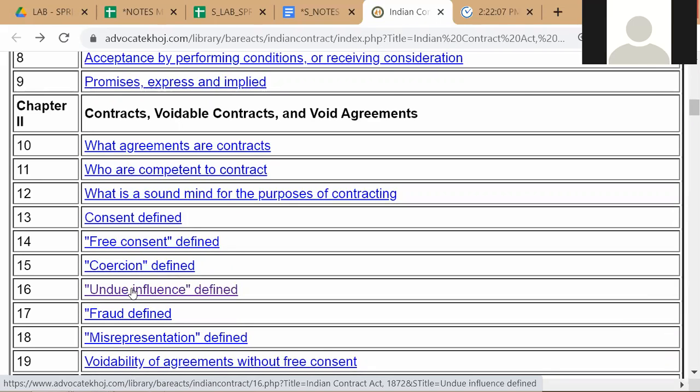So you have to show that it is not vitiated like that. Contract law does have certain checks and balances to ensure that extreme cases of exploitation do not happen. That's why you have free consent, and it has to be free consent.